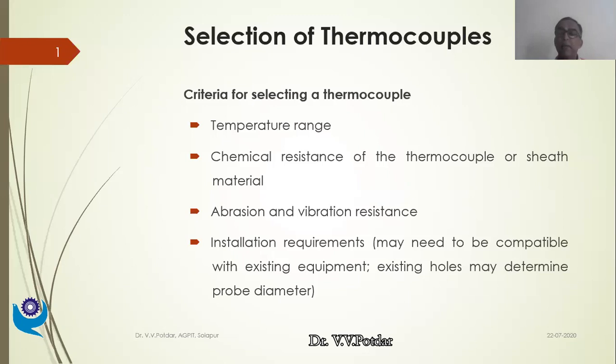sheath material. Now, what is this sheath material? Just last class we saw types of enclosures in which these thermocouples are placed. You have a tube-like structure, and the junction is placed in that hollow cylindrical tube, that is called the sheath of the thermocouple.